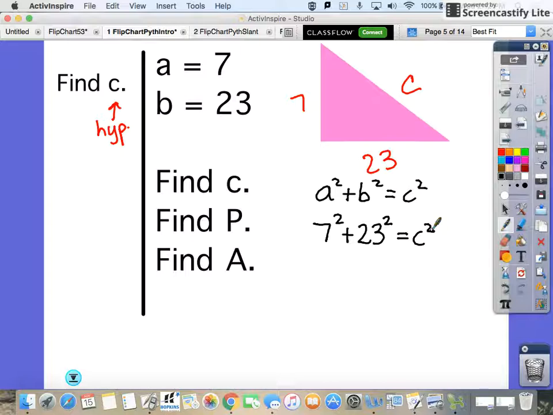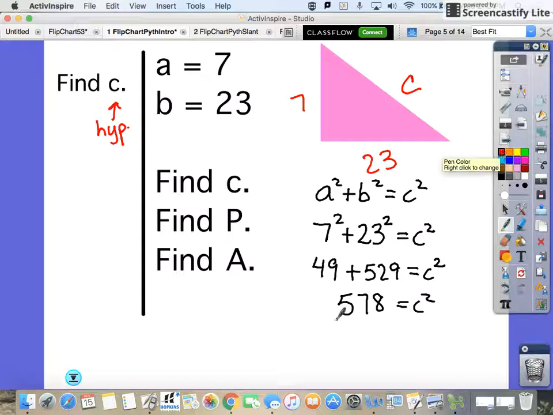So 7 squared plus 23 squared equals C squared. Now what we need to do is solve for C. So we're going to go 7 squared, which is 49, plus 23 squared is 529, equals C squared. Then we're going to add 49 and 529 to get 578.